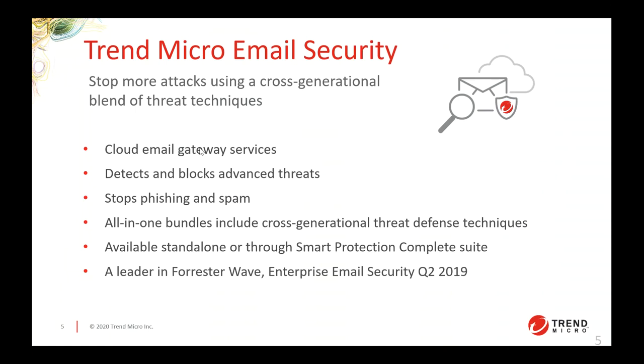All the detection technologies used by Trend Micro are also available with the email security solution. This is for malware propagation, and for spam and phishing we have a certain set of detection technologies to block, all in one bundle, which includes cross generational threat defense techniques.